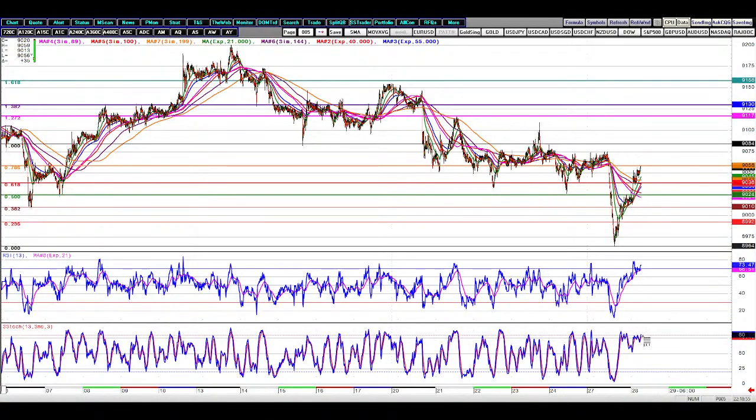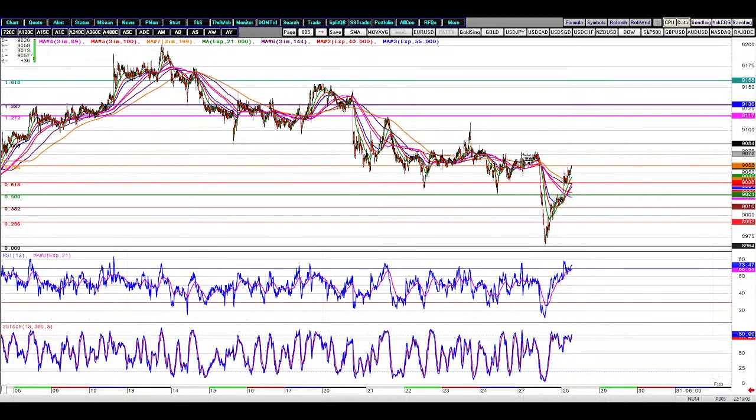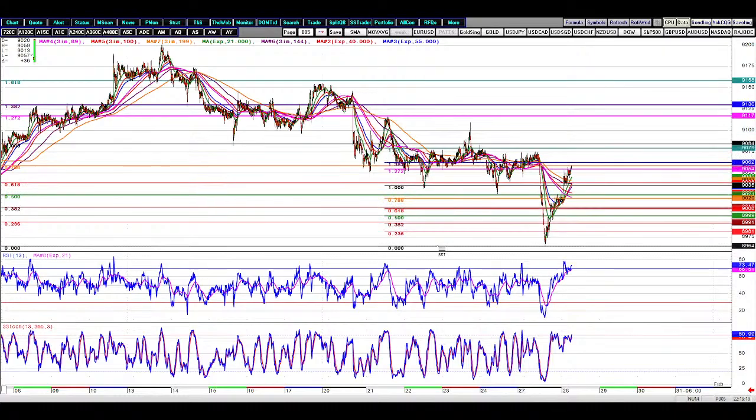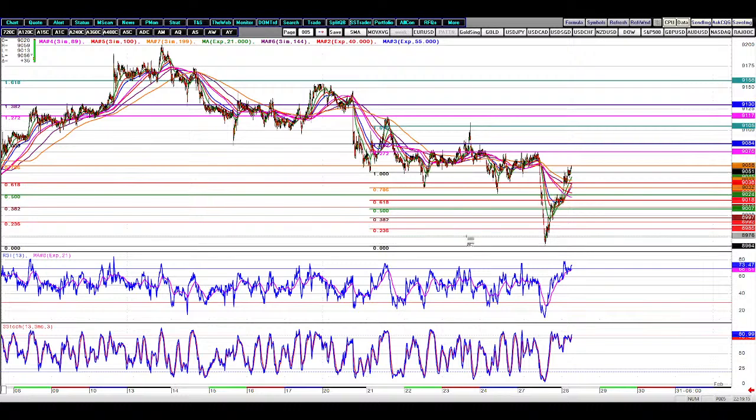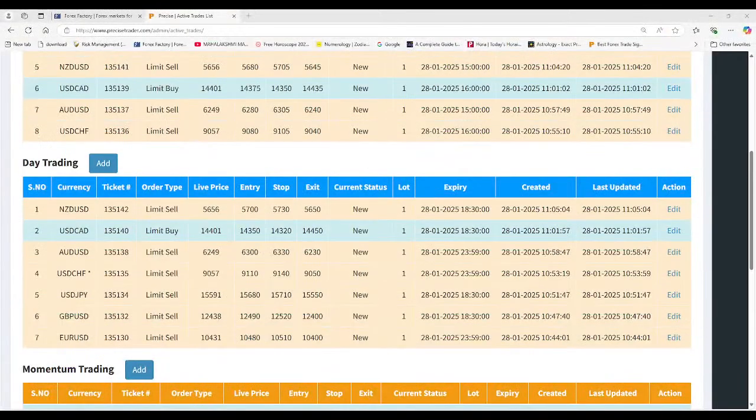Looking at your RSI and stochastic, I think this upside should be limited, and most likely we can go for a sell at 90.80 or 90.75, or 91.05 or 91.10. Okay, these should be your selling levels.